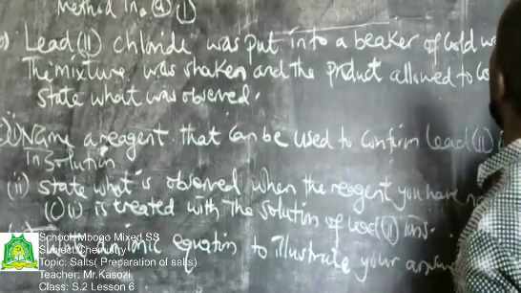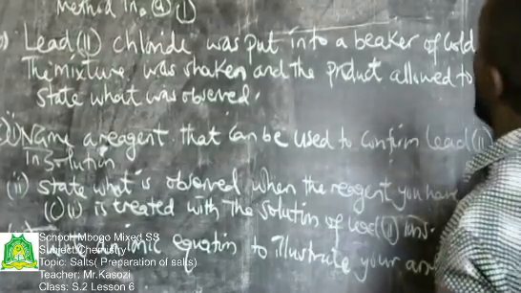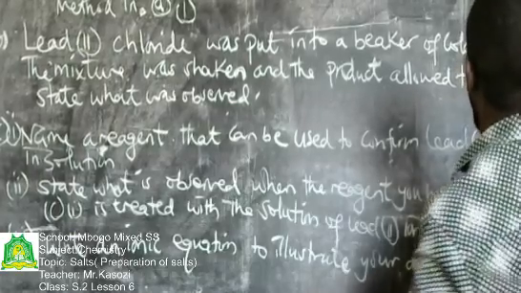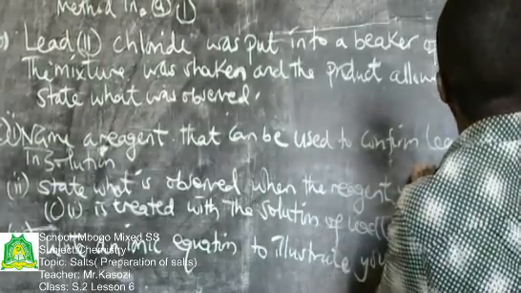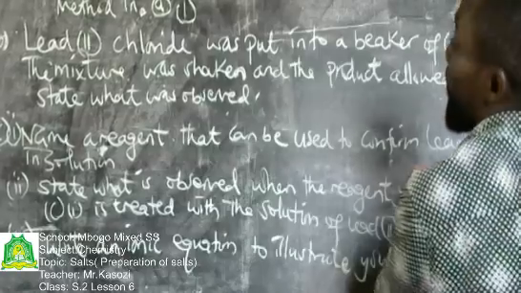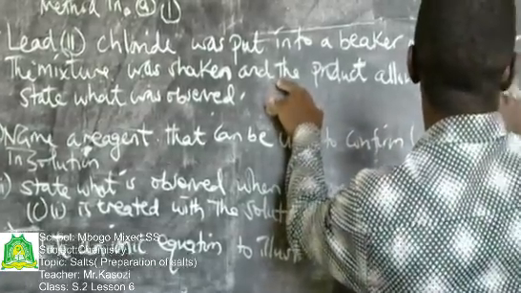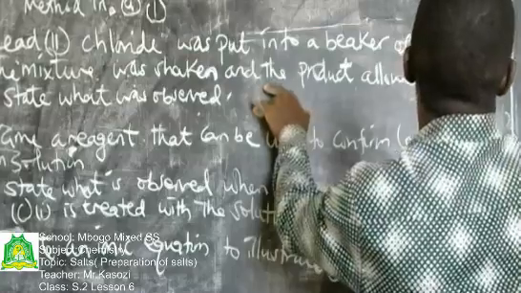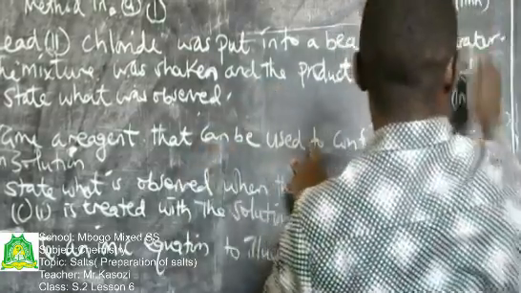This will take a half mark. This takes a half mark. This takes 1 mark. This takes 1 mark. Those are 3 marks, isn't it? 1, 2, 3. Name a reagent.